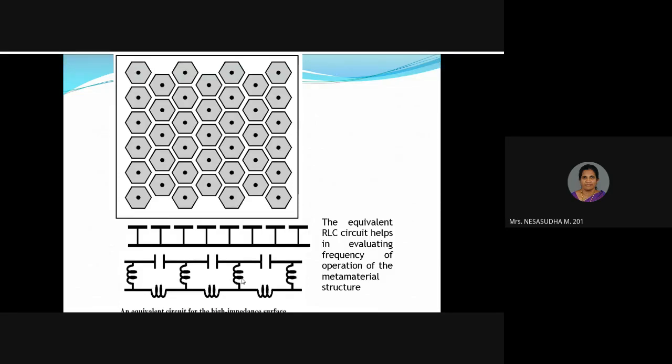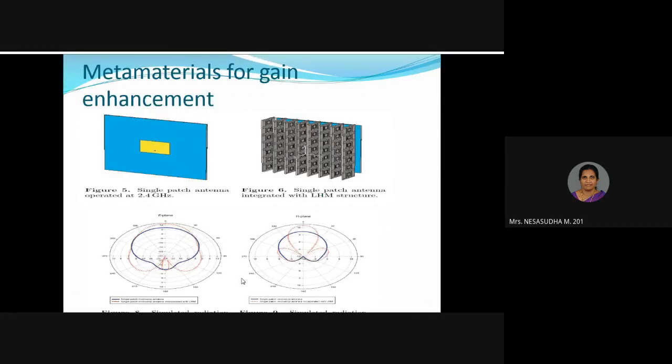This structure may differ from one metamaterial sheet to another. This is another example of metamaterial used to improve the gain. Here these are the repeated metamaterial structures.